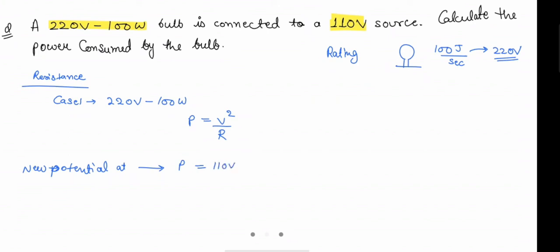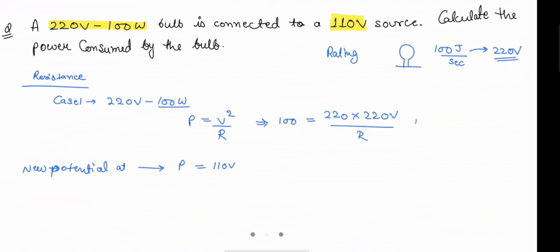Now, do you know the resistance? Can you find the resistance from this formula? Yes, we can. When the potential is 220 volt, the power will be 100 watt, and we just need to find the resistance by doing the calculation.